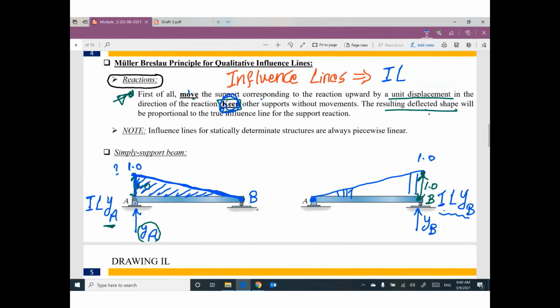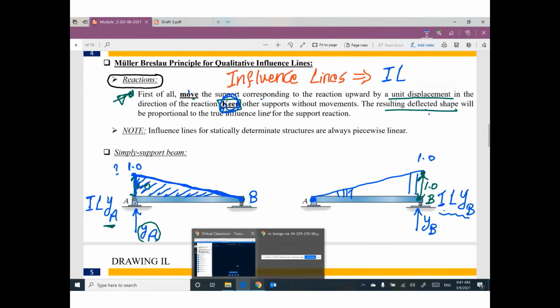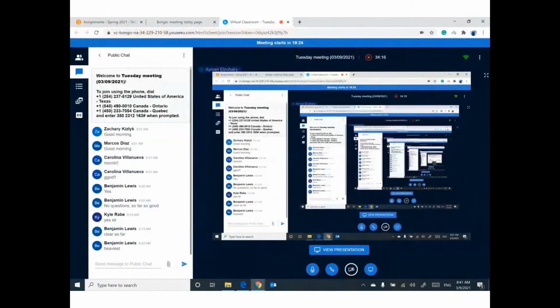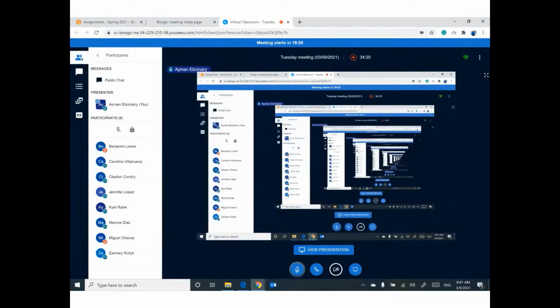Keep any other support without movement. The new shape or the deflected shape or the resulted shape will be the influence line. Any question so far? Guys, please respond to me. Any question so far?